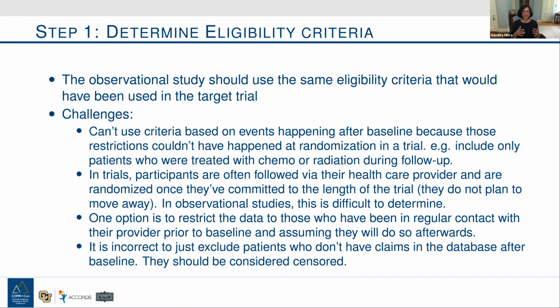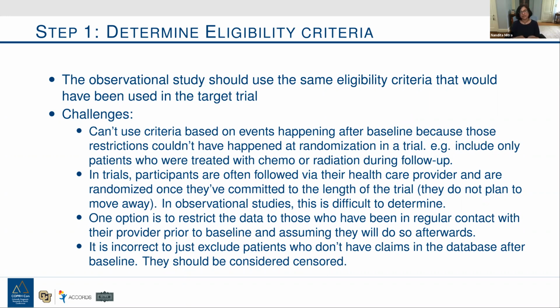For example, if you say, well, I'm only going to include patients who survived 3 months beyond treatment in this observational study, that does not emulate a trial, because when you're randomizing them to these two treatments, you don't know what's going to be happening after randomization. So your eligibility criteria should not be based on anything happening after baseline, even though I've seen that many times.